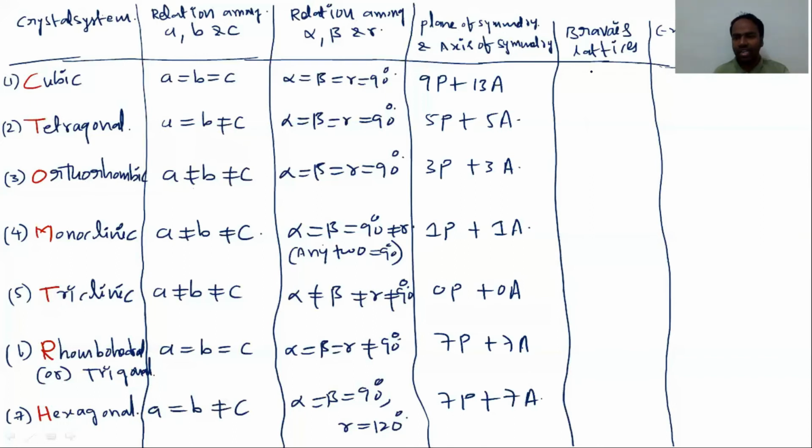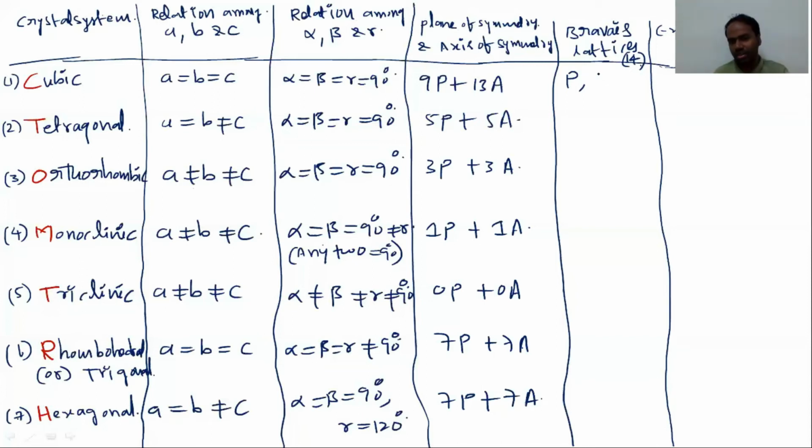And the Bravais lattices. Coming to the Bravais lattices, here P means primitive unit cell. Here a total of 14 Bravais lattices are there. Now I am going to show how they are equal to 14. P means primitive.